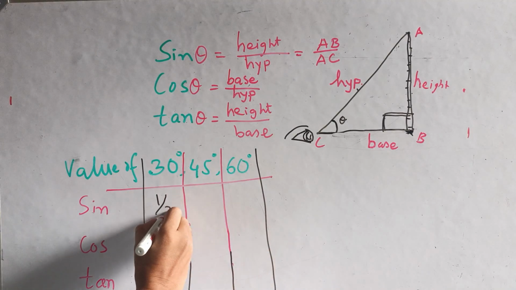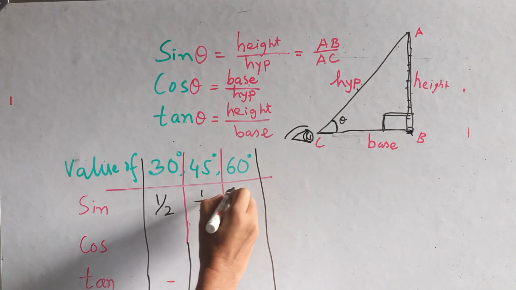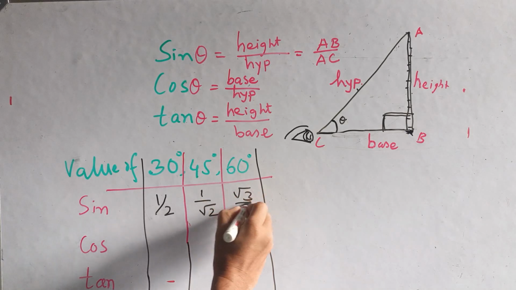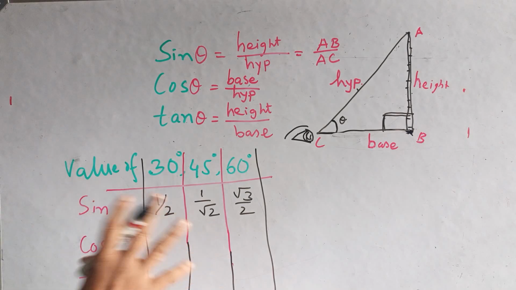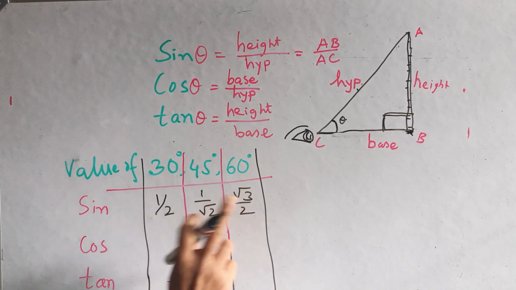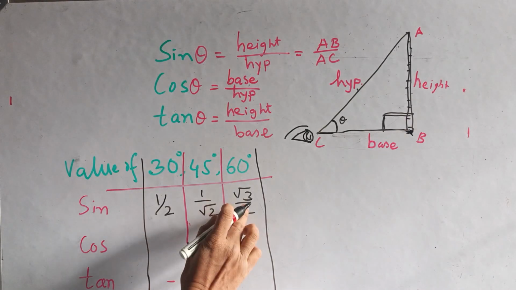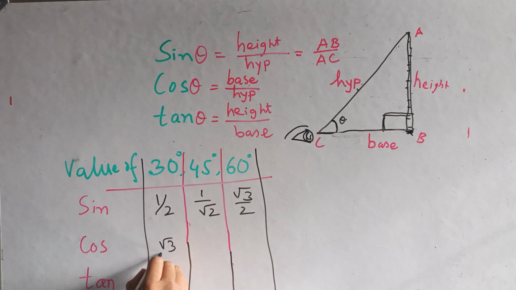This is a half, this is 1 by root 2, and this is root 3 by 2. If these three things are remembered, 1 by 2, 1 by root 2, root 3 by 2, then cos 30 will be root 3 by 2, this value will come here.